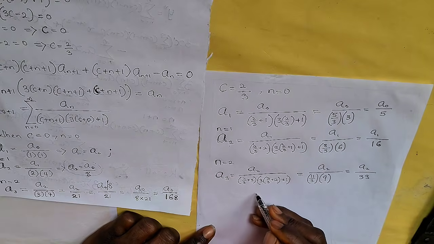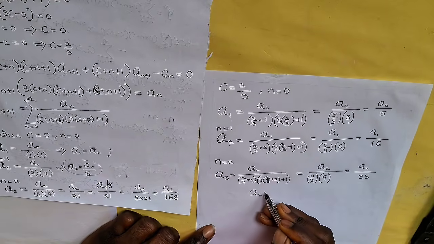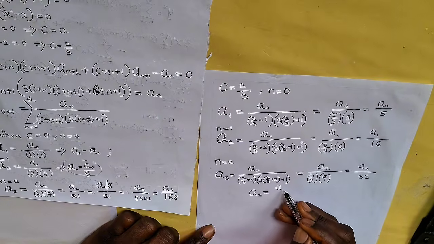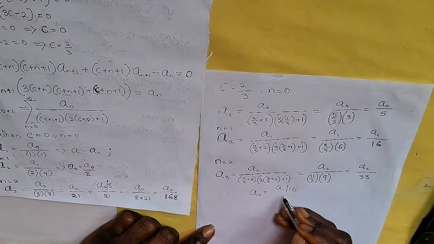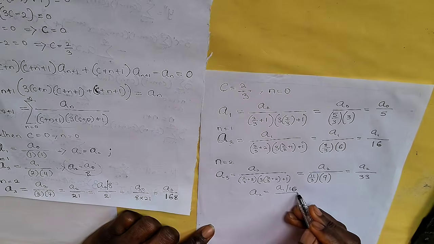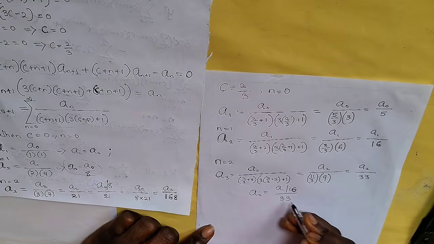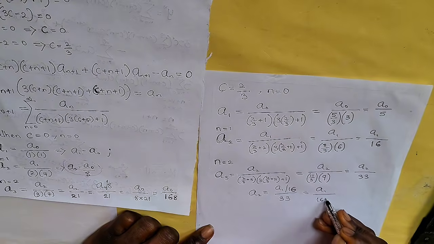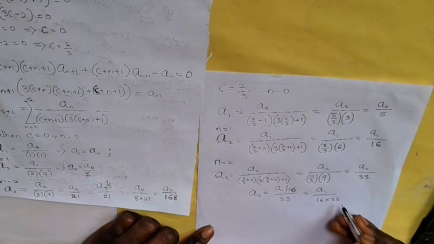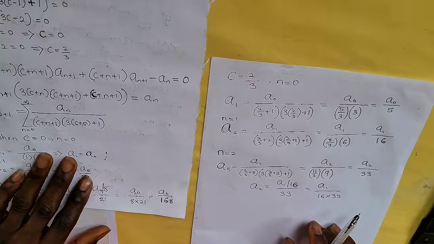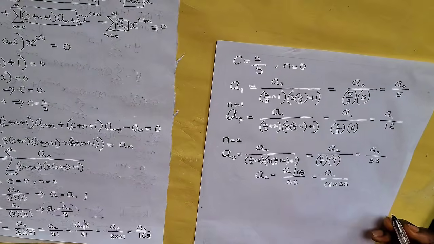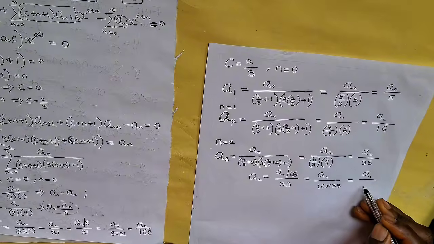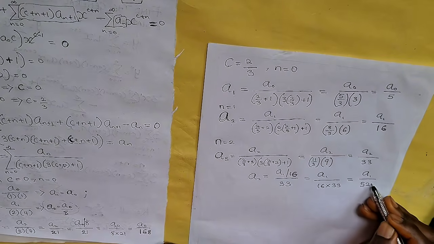So I'm going to have finally that a2 equals a1 over 16 over 33. So that will be a1 over 16 times 33. So you can press your calculator and okay, so we have the answer to be 528.